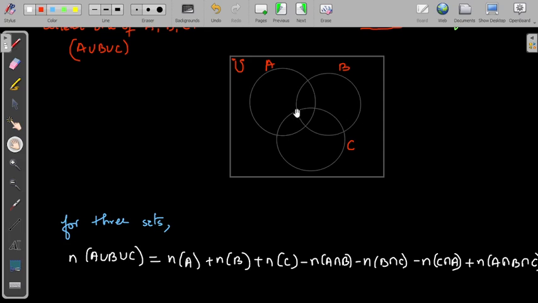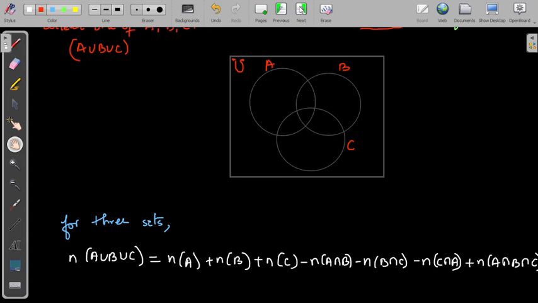N of B plus n of C means this B intersection C region gets added up twice, so you have to subtract it once. That's why there is a minus sign here. Then when we are subtracting these regions, the common region also goes. That is why we are adding the last term as n of A intersection B intersection C. So this is the formula to be remembered to solve practical problems involving three sets.